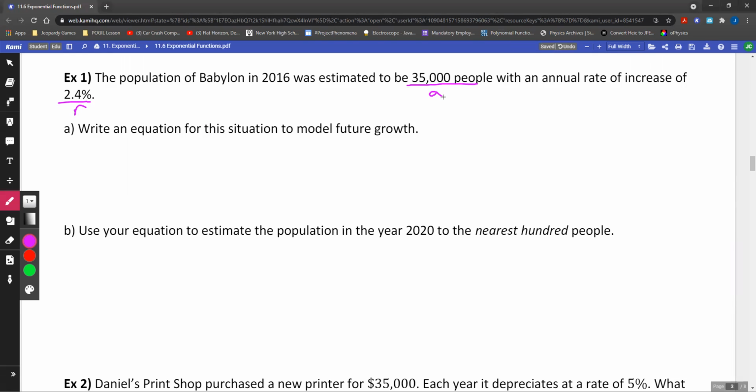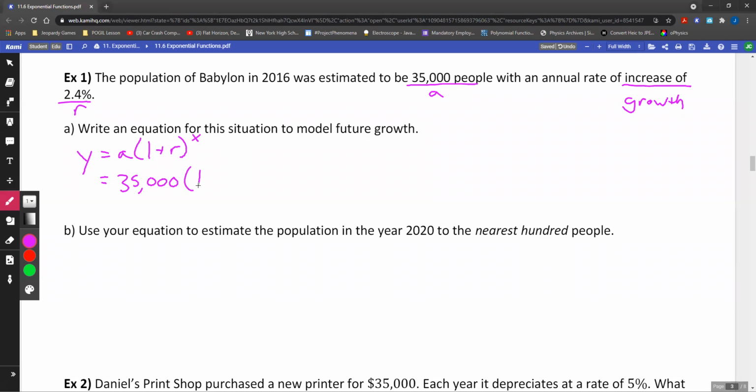And I think that's about it. So what we're going to do, because it's an increase, we know that this is growth. So this becomes y equals a times 1 plus r to the x power. a in this case is going to be 35,000 people.